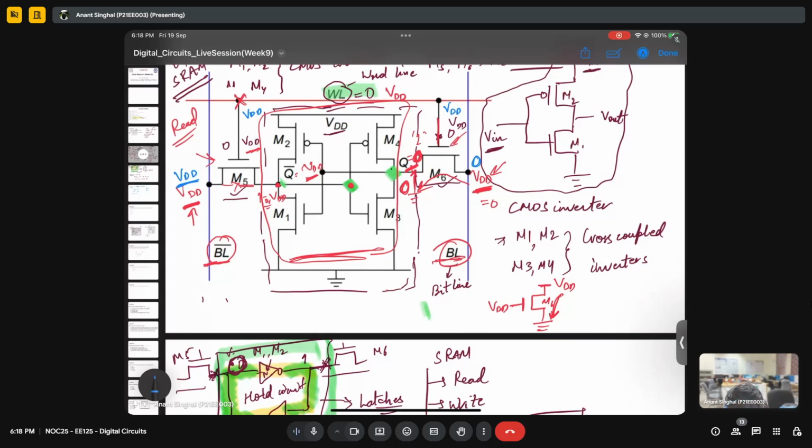So this is VDD, this is VDD, so Q bar will be VDD or 1, right? Since Q bar is 1, Q will be 0, right? Now what you see here is the bit line is also ground. This is also ground, and we have a VDD here.